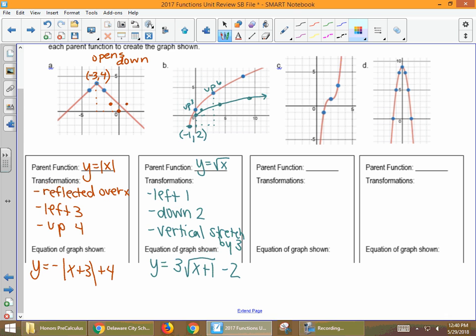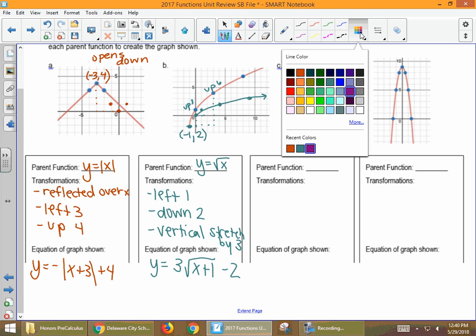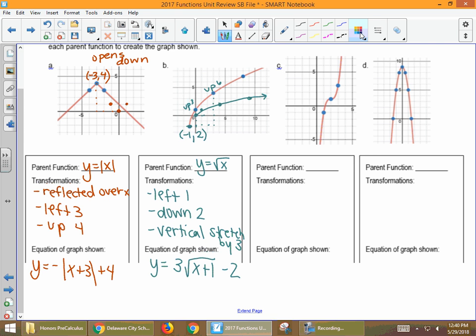Okay, a couple more. This is x cubed. Use those flashcards if you have them, if you need to. Usually x cubed has a center point at (0, 0), then over 1, up 1, over 2, up 8 is the next point.